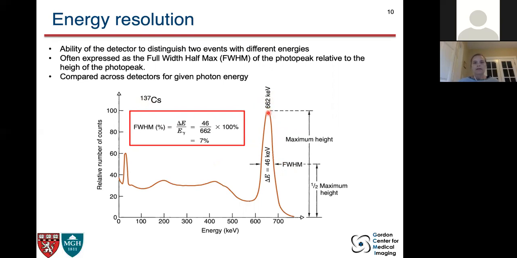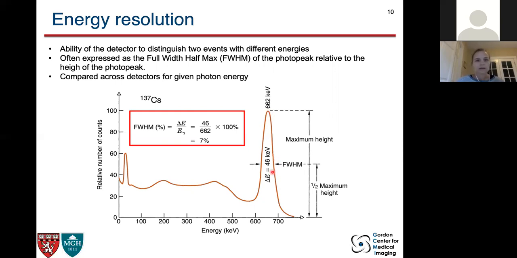This is a very common isotope used to compare energy resolution across different detectors, because when you compare the energy resolution, you need to compare it for a given photon energy, since it's going to be different depending on the energy of the incident photon.